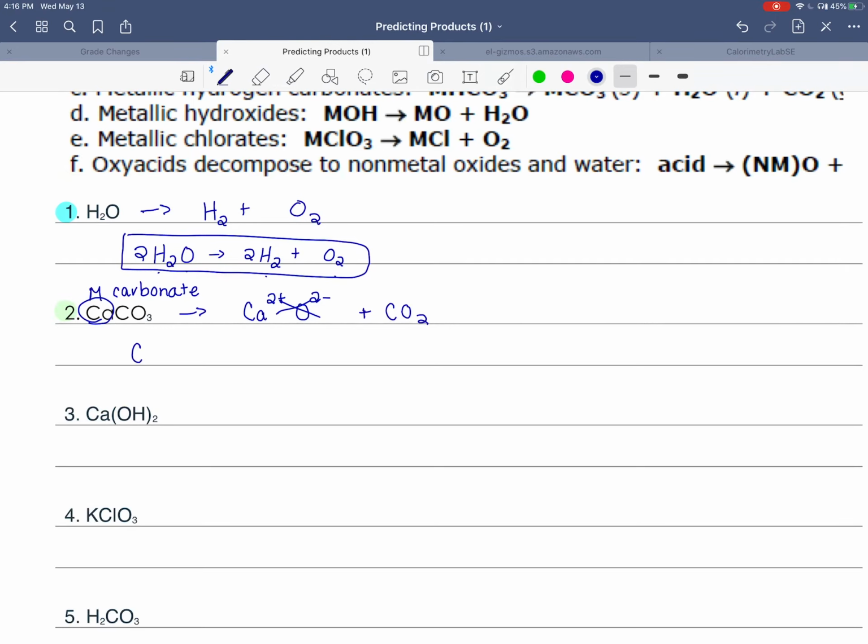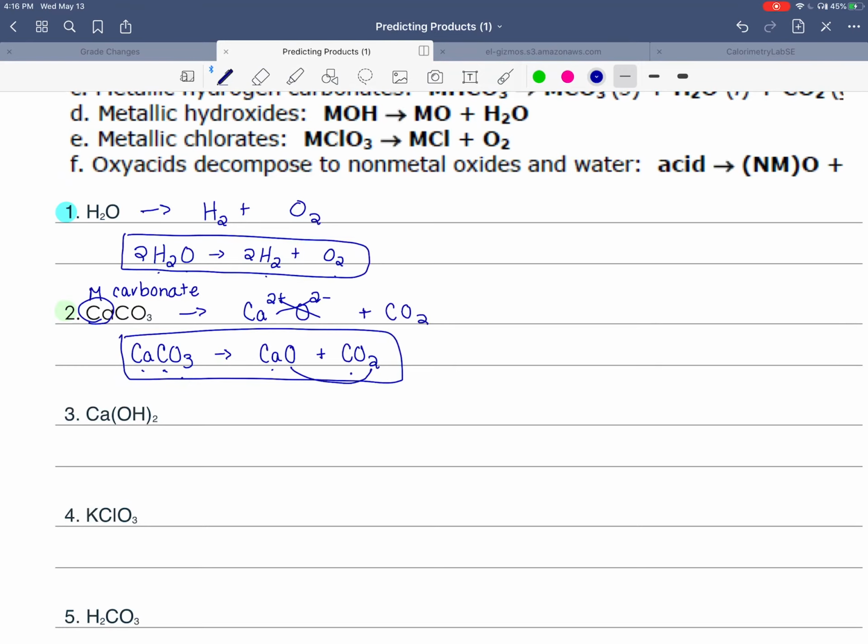So when we rewrite the complete formula, we write CaCO3 yields CaO plus CO2. Let's make sure it's balanced. 1 Ca, 1 Ca, 1 C, 1 C, 3 oxygen, 1, 2, 3 oxygen. So this equation is balanced.